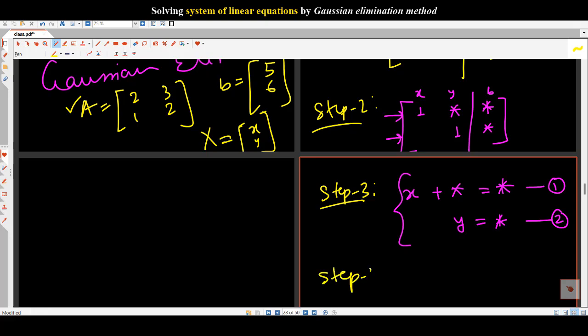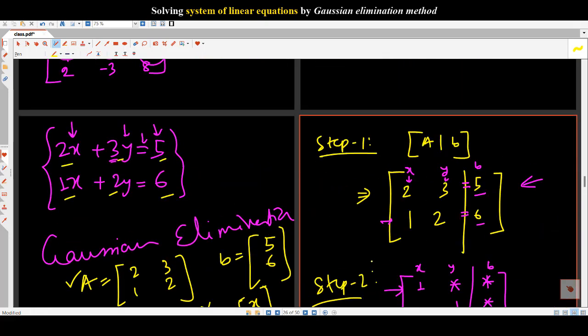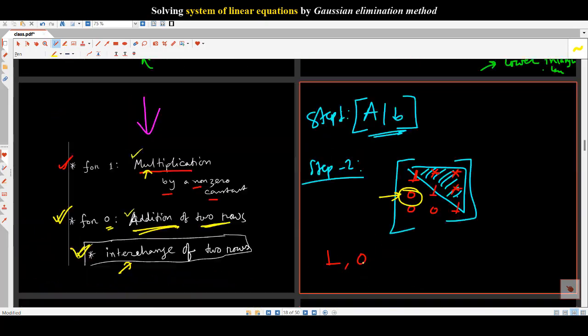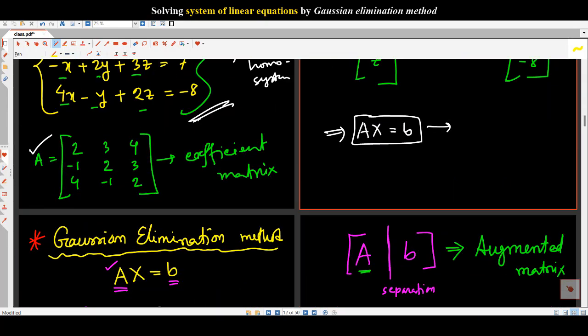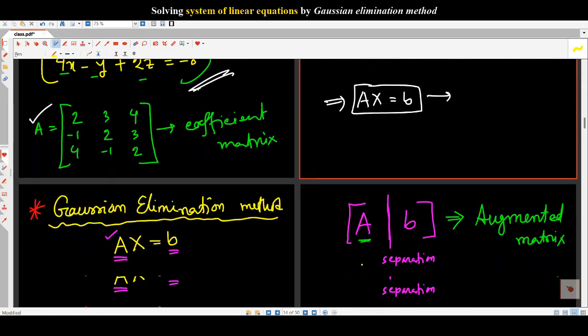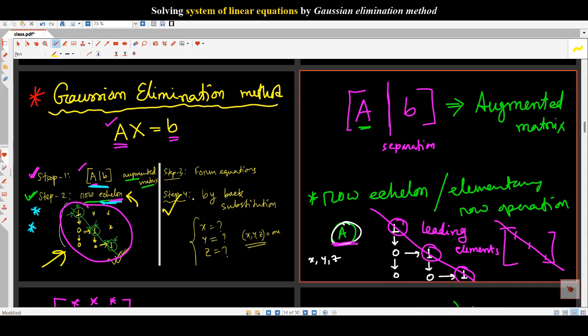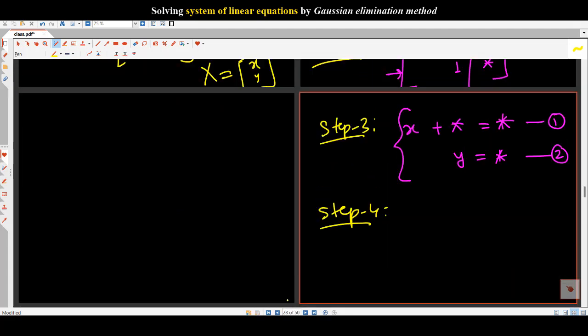Recall what is step 4. Have a look here. Step 4 says that use back substitution technique. So that means if we use back substitution technique, from second equation we have y value already.